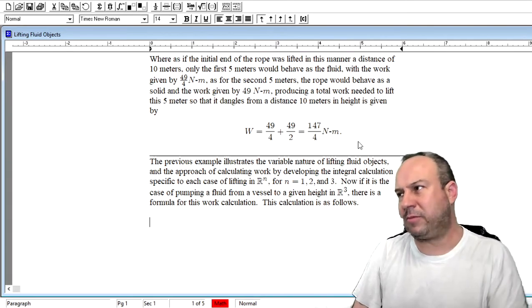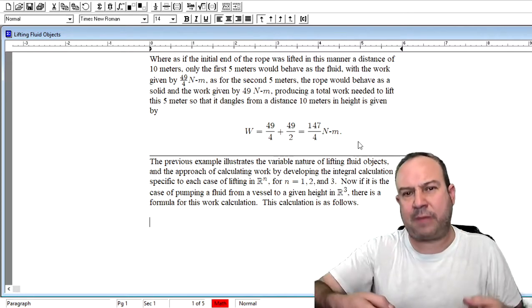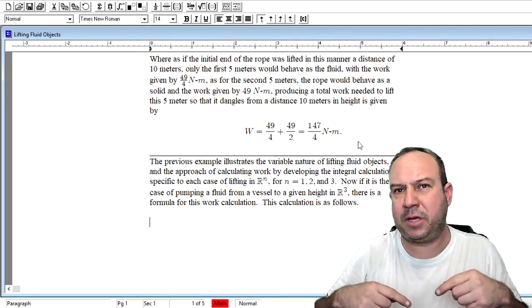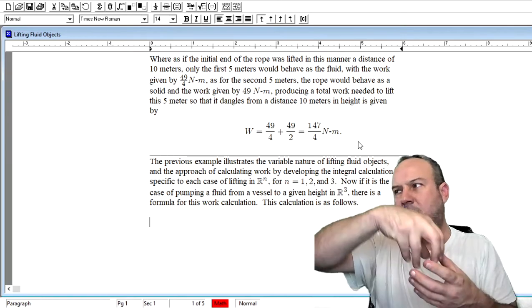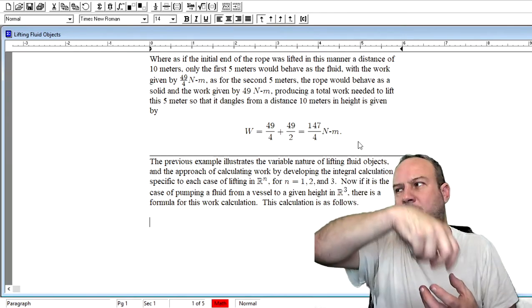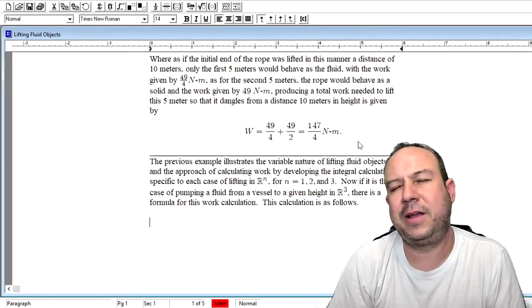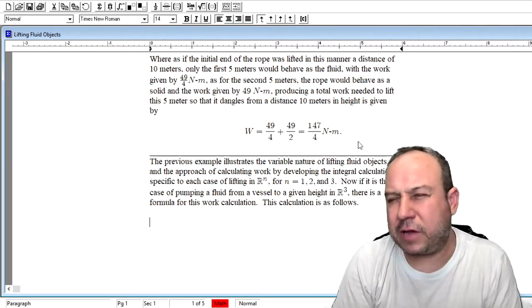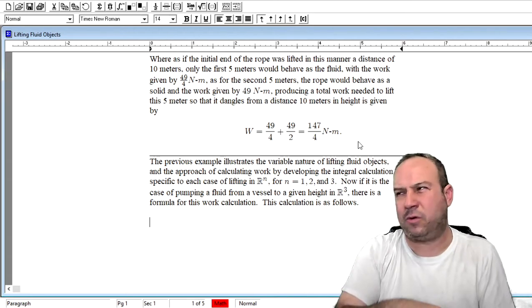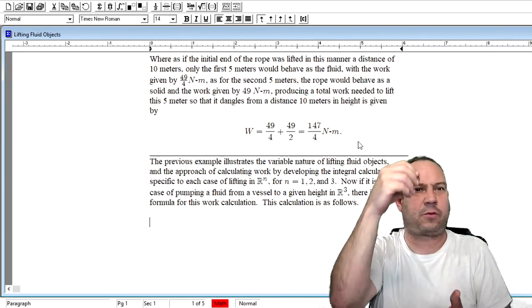Sometimes we're lifting objects off the ground. Sometimes we're curling them over the top edge of a building, or they're dangling, and we're lifting them hoisting them to a certain height. So their cases can vary, and they're not always one-dimensional cases of a rope.